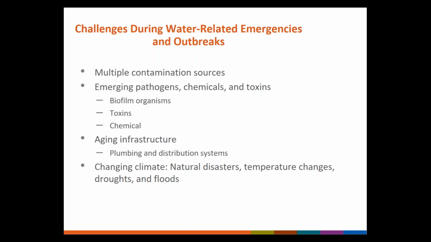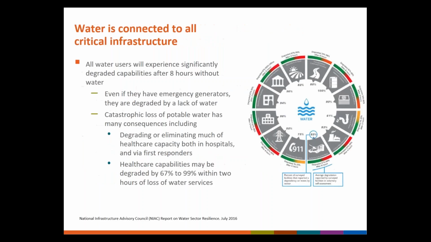Some of the infrastructure challenges come in here, where we have an aging infrastructure, both in buildings and in water distribution systems, and it's taking place in the context of a changing climate, where we may experience more or larger natural disasters, challenges with increased temperature, and intermittent droughts and floods.